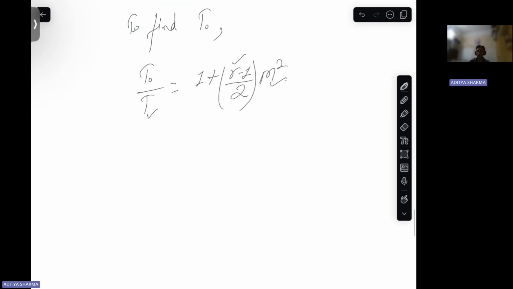T has not been given explicitly, but because we have been given a equals to 330, implies a basically is root of gamma RT.